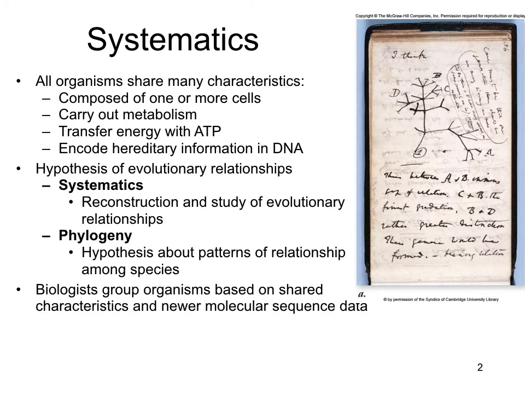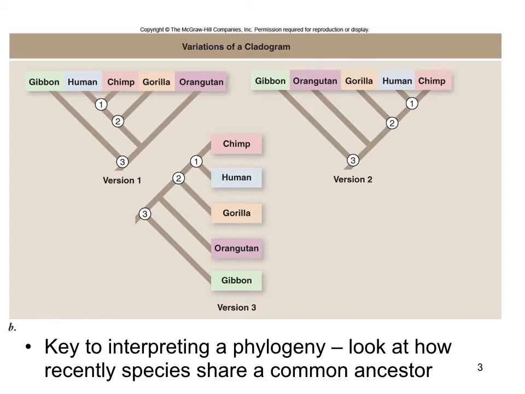And we construct these by looking at shared characteristics, shared features of anatomy, of any part of their biology, and particularly now looking at their chemicals, their DNA sequence data. These allow us to construct these phylogenies or cladograms, and try to identify common ancestors and to see who is more closely related to who.